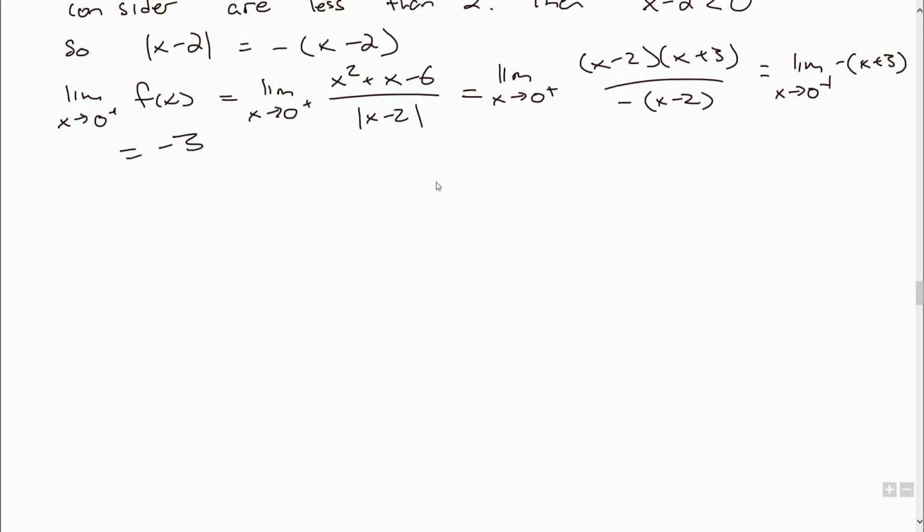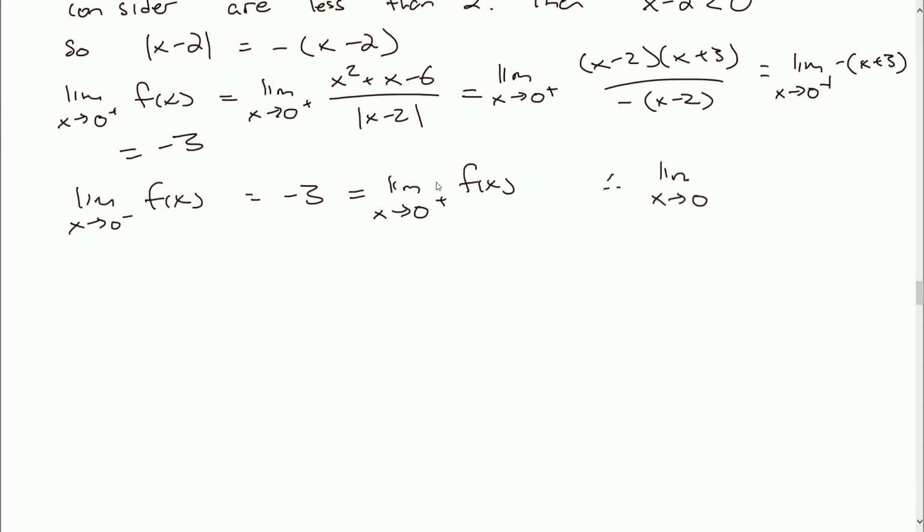Okay, need a bit more space. All right, but the limit as x approaches 0 from below was negative 3, and that's the same value as x approaches 0 from above. So that tells me the limit, just as x approaches 0, the two-sided limit, exists and equals negative 3. Okay, that's important information. Now I just need to ask, okay, what's f of, not negative 3, f of 0?